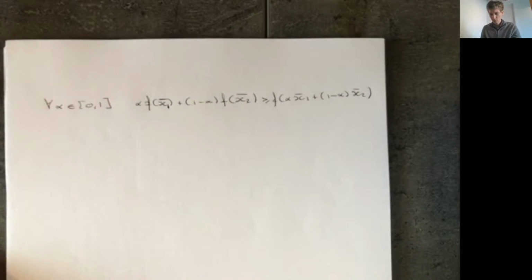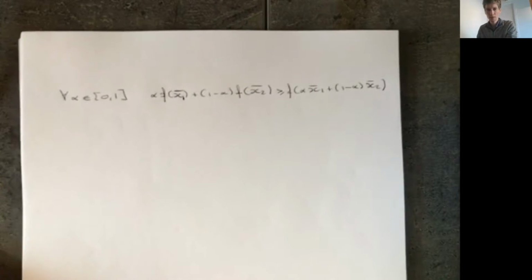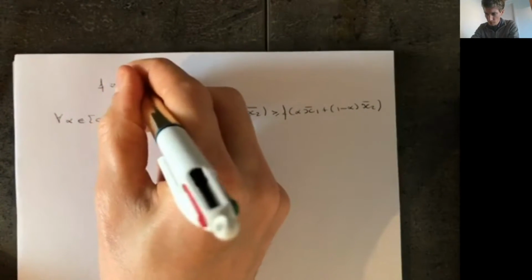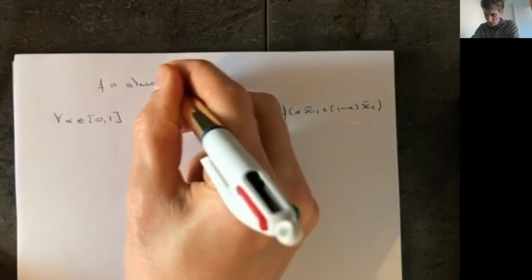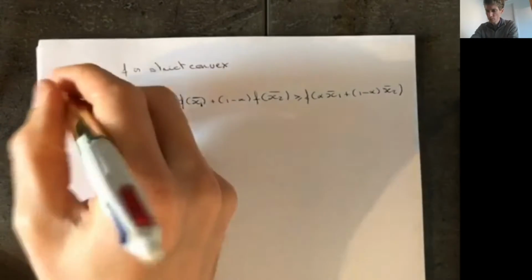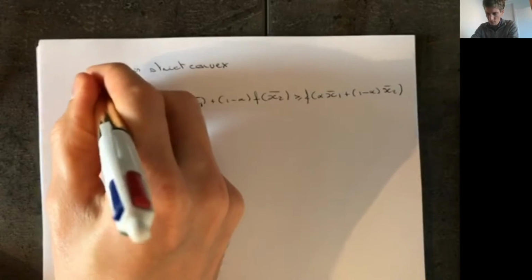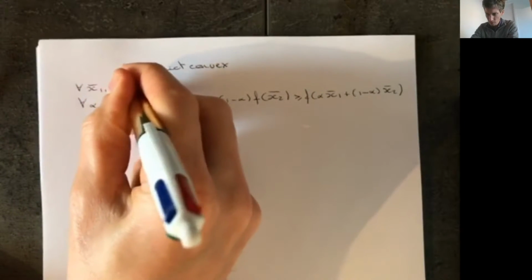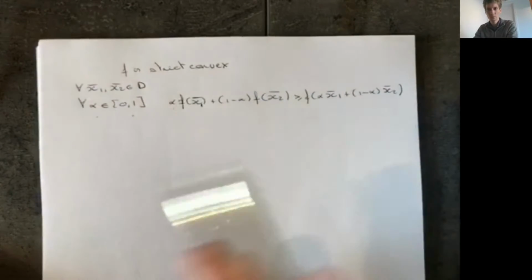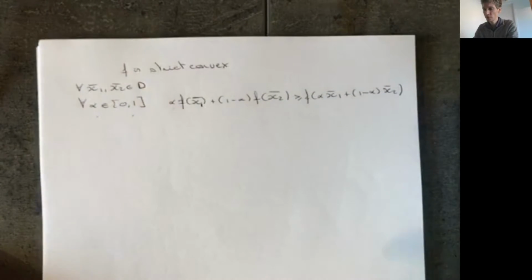Now there exists a notion that's called strict convexity. So f is strictly convex. What do we need? First of all, for all x1, x2 in the domain, and for all alpha, this property holds, so basically it's convexity.